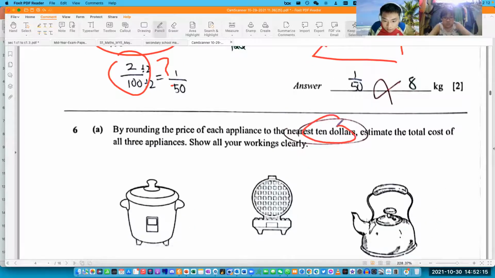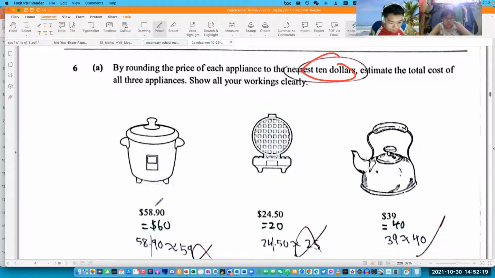nearest $10. Then once again, you never read the question or what? You know what's $10? $10 means this. Why do you go and do dollars? This one is dollars, not $10.